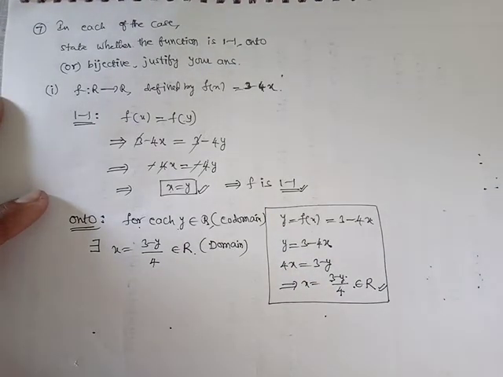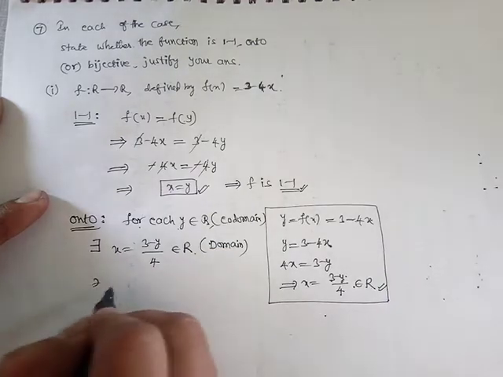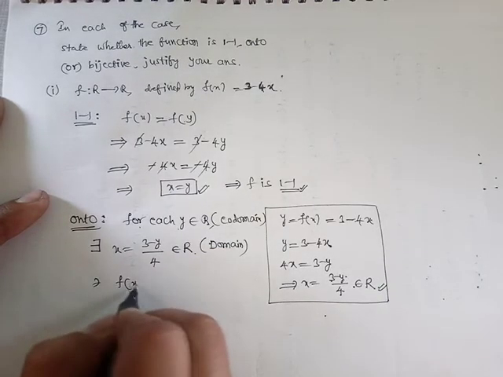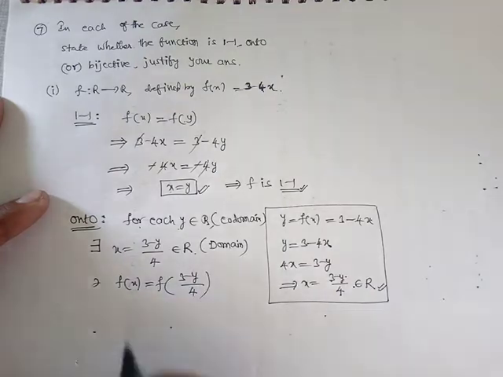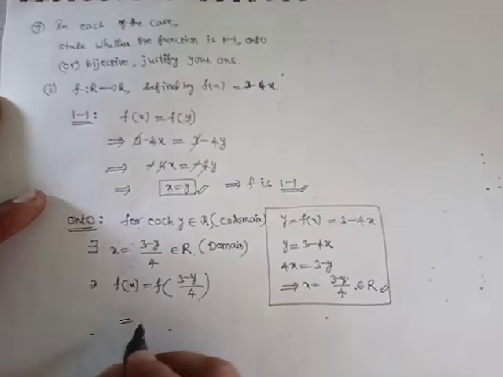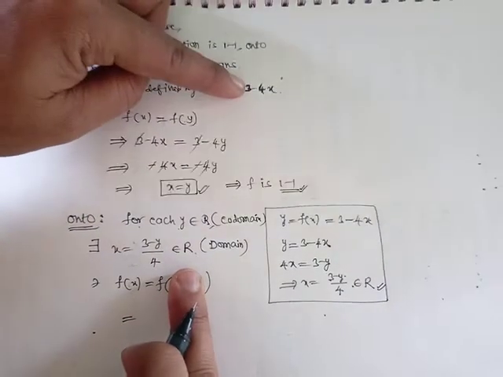For each y in R there exists x in R such that f(x) = f((3 - y)/4), and f(x) is 3 - 4x.